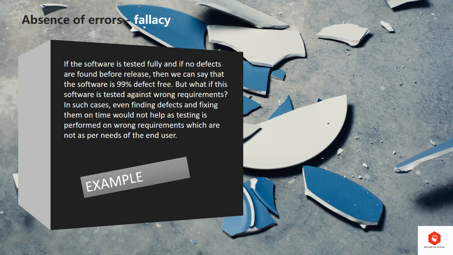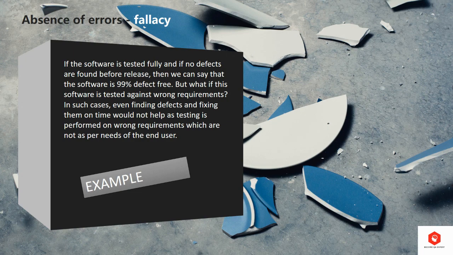For example, suppose the application is related to an e-commerce site, and the requirements for the shopping cart or shopping basket, whatever functionality, is wrongly interpreted and tested. So here, even finding more defects does not help to move the application into the next phase or into the production environment.